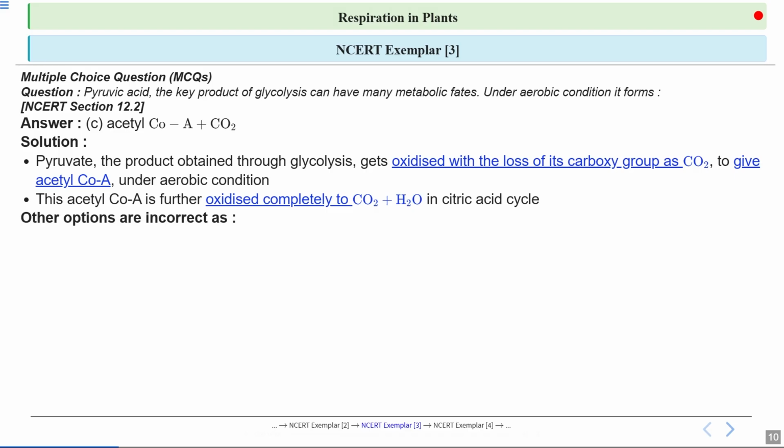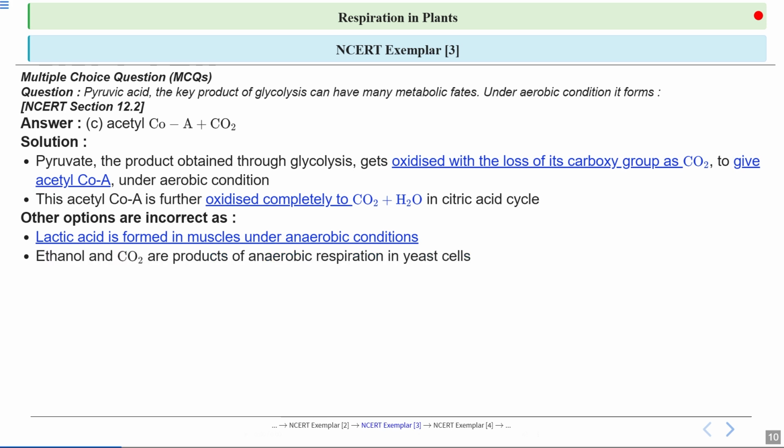Now let us see why other options are incorrect. Lactic acid formation happens only when oxygen is not available, for example, in case of overworked muscles, and that is called anaerobic respiration.